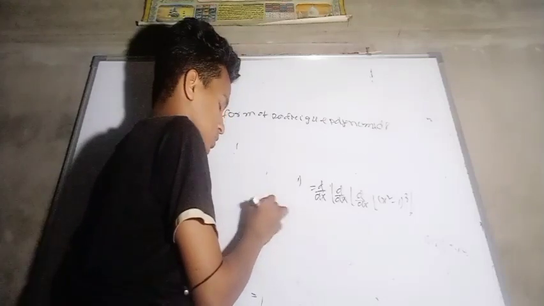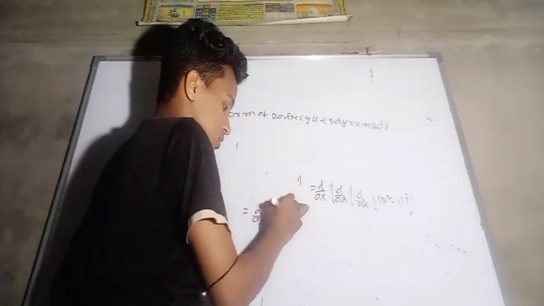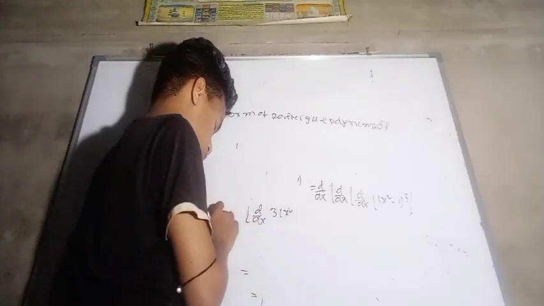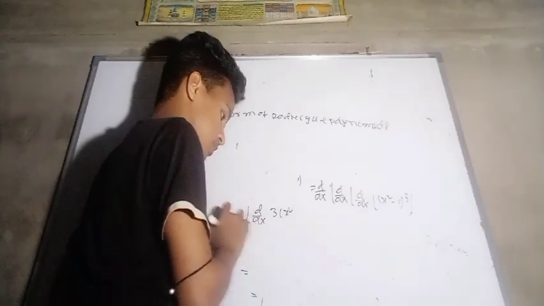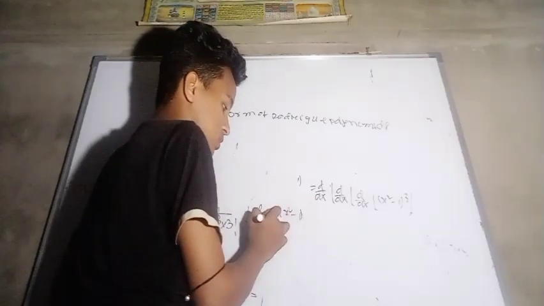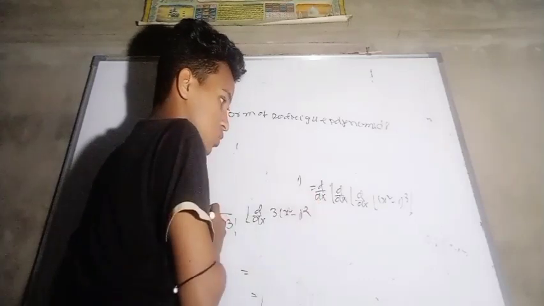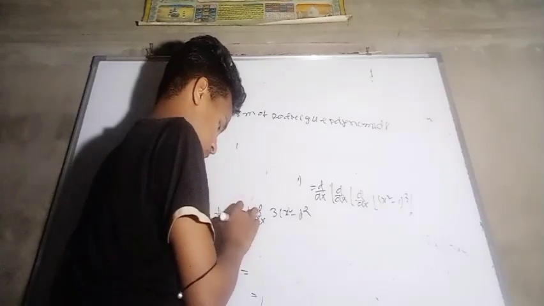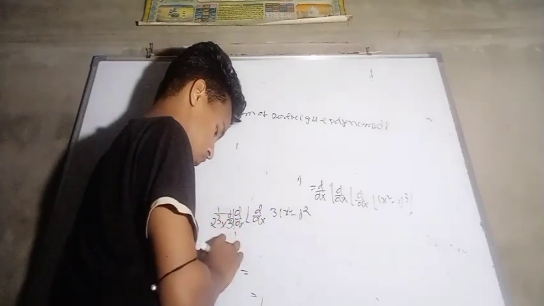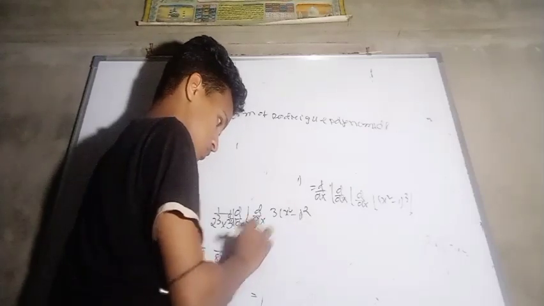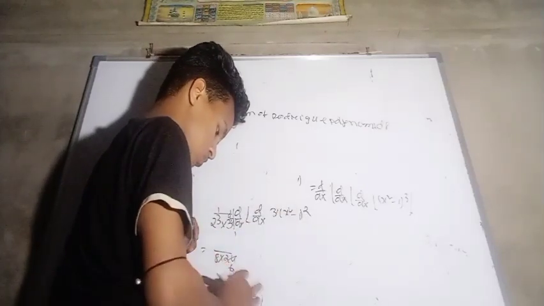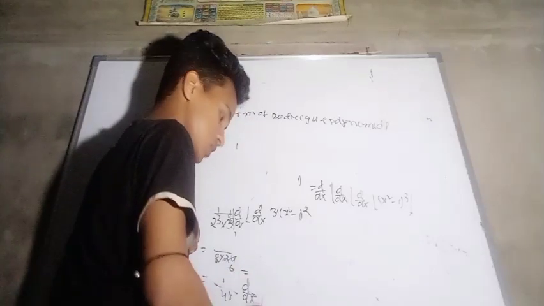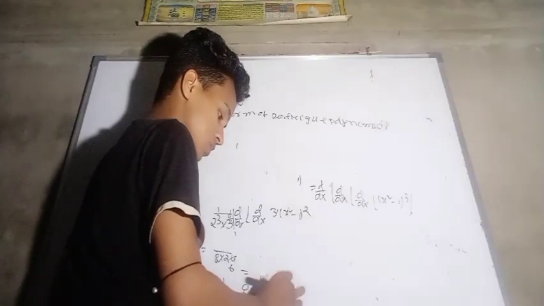So what will it give us? d by dx of (x squared minus 1) to the power 4, over 2 to the power 4 times 4 factorial, with the derivative taken four times. So 16 into 24, 8 into 24, 3 into 6.